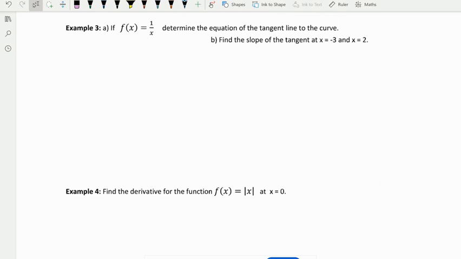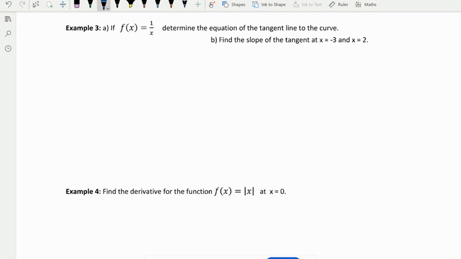Question 3. If f of x is equal to 1 over x, determine the equation of the tangent line to the curve. And then it says find the slope of the tangent at these two certain points.